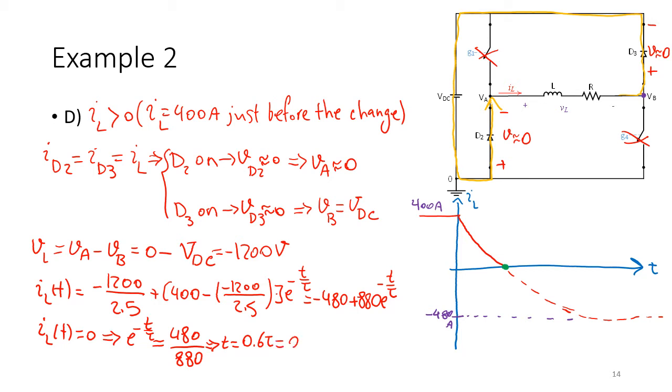It will be equal to 0.6 multiplied by 0.2 second, which is 0.12 second or 120 millisecond. So in fact, this point is 120 millisecond, much faster than part C.